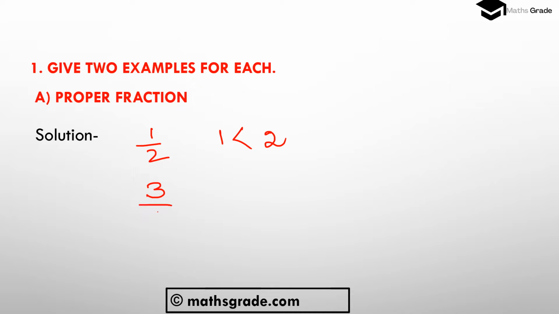Now 3 divided by 5. This is also an example of a proper fraction because numerator 3 is less than the denominator 5. So examples of proper fractions are 1 divided by 2 and 3 divided by 5.